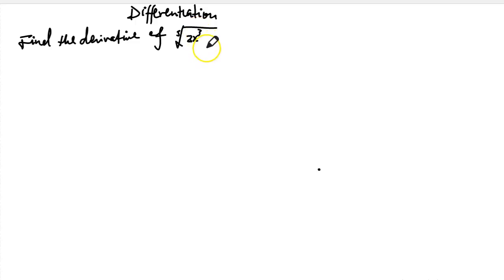The question says, find the derivative of the cube root of 3x cubed plus 1 with respect to x.